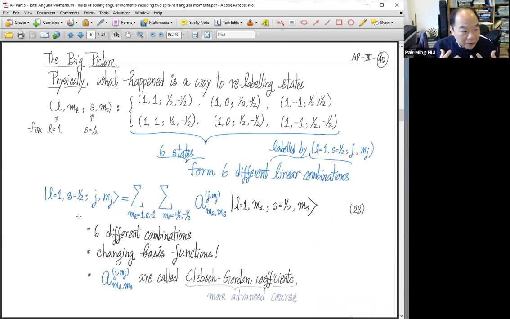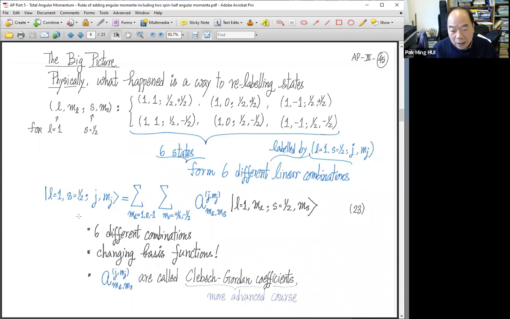And mathematically, for those students who think about physics rather theoretically and mathematically, it is just two ways of labeling the 6 states. Thereby, one set can be found as a linear combination of the other 6 bases.